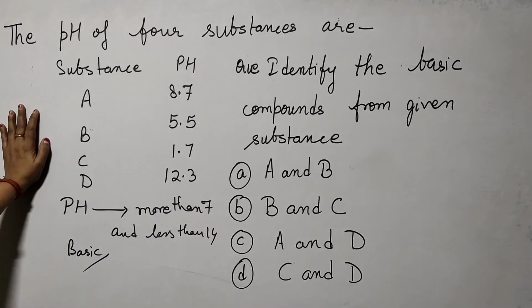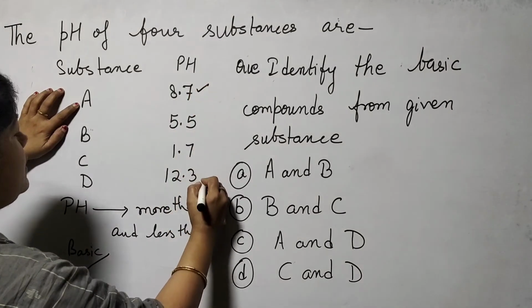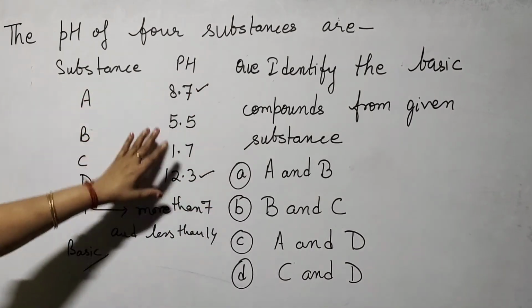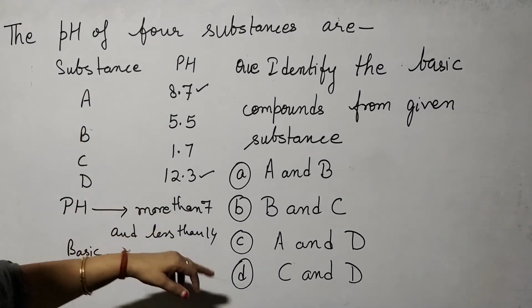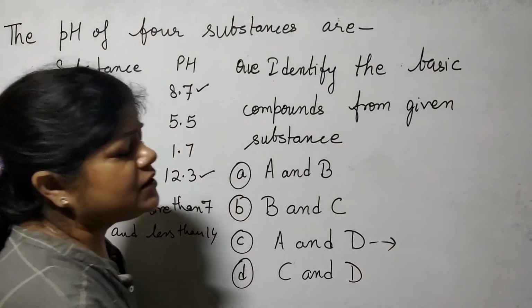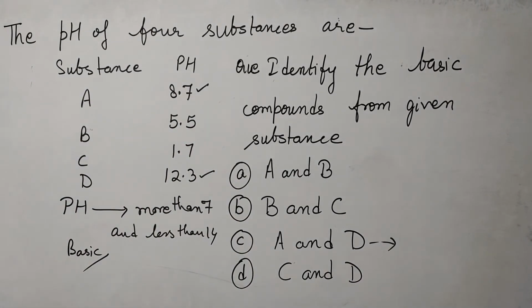Okay, basic substances. So from here we can conclude that pH of A and pH of D are in between 7 and 14. So the option containing A and D is the option number C. Okay, and the substances which have pH less than 7 are called acidic substances.